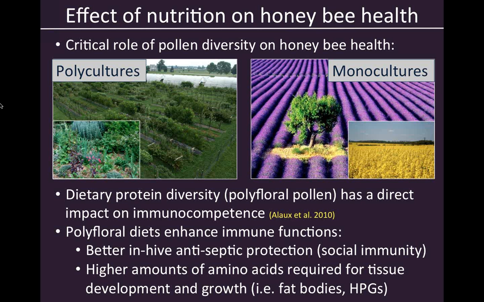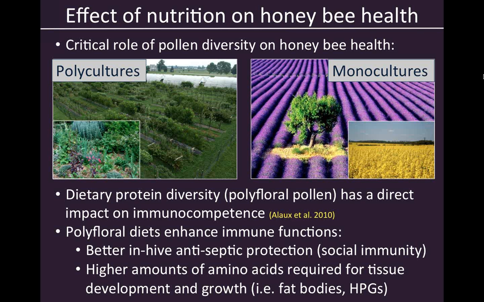brood. So if you can imagine, instead of this purple lavender field, thousands and thousands of acres of almonds in California right now, basically in February, the bees only have access to one type of pollen for the duration of the pollination bout, like 3-4 weeks. And all they're eating is pollen from almonds.